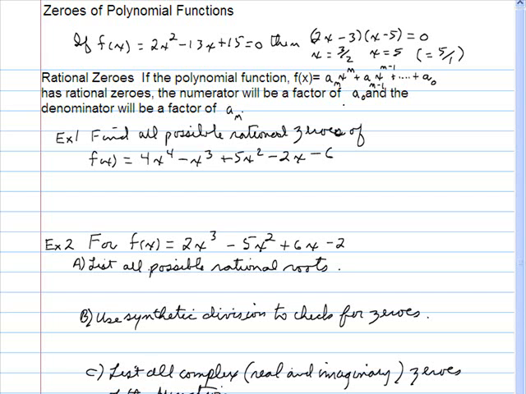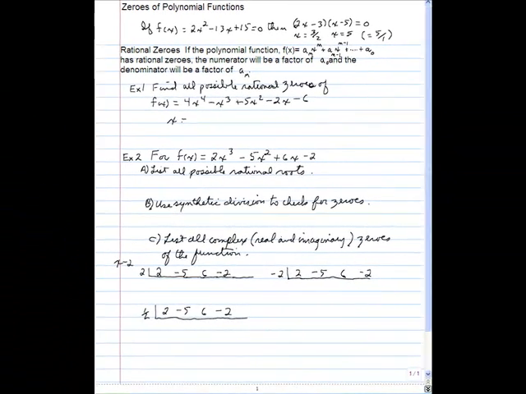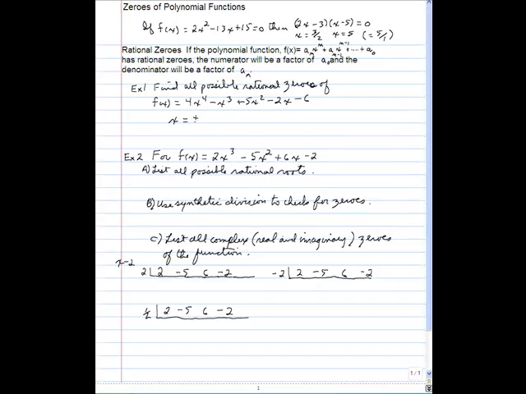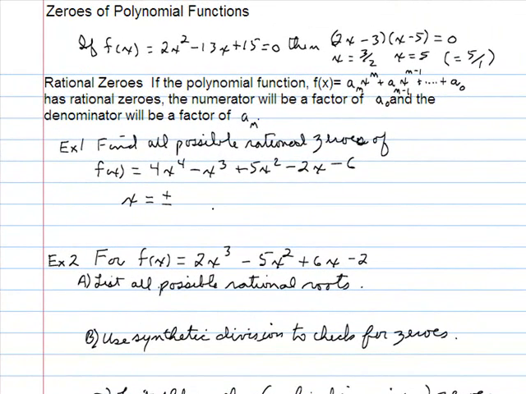Now to see how to use that property, I've given you here example 1, and it says find all possible rational zeros, again rational just means fractional, of f of x equals 4x to the 4th minus x cubed plus 5x squared, etc. Well, my zeros would be x is equal to, and we're not sure whether they'll be positive or negative, so we put down positive or negative.